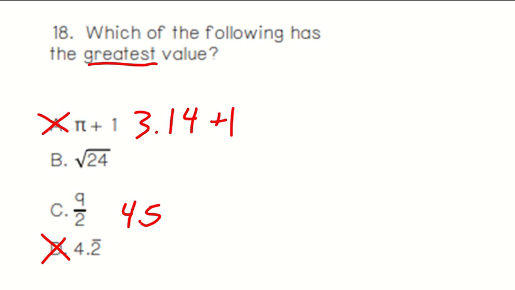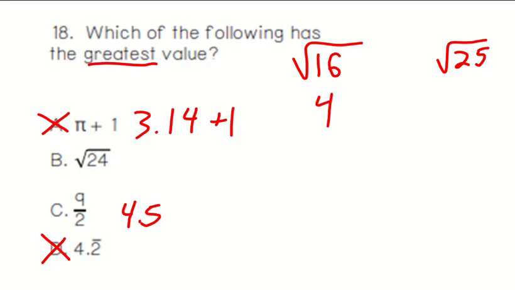All right, so now we're stuck with the square root of 24. What two numbers is that in between? 4 and 5. So we got the square root of 16 and the square root of 25. Square root of 16 is 4. Square root of 25 is 5. Square root of 24, which one is it closer to?